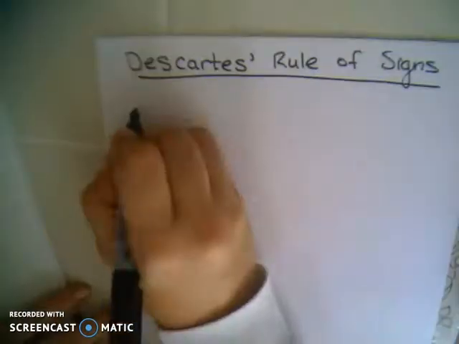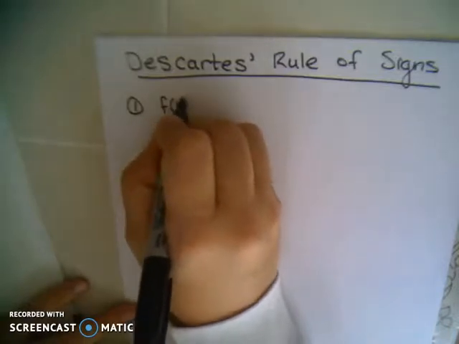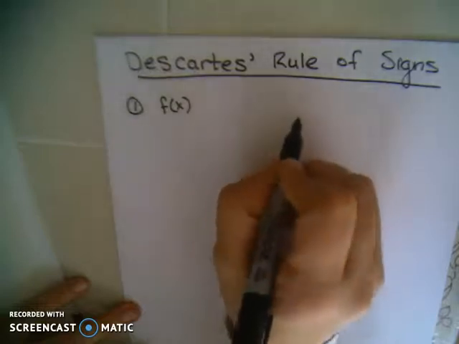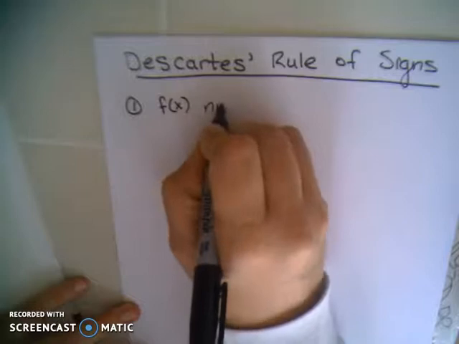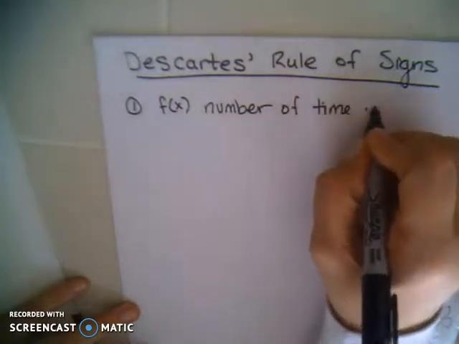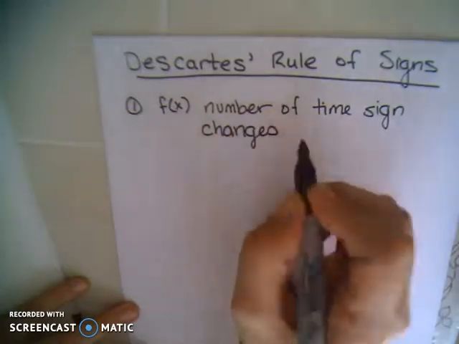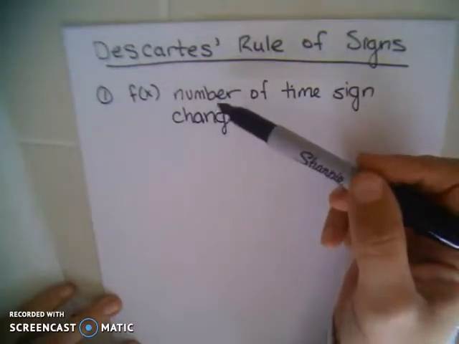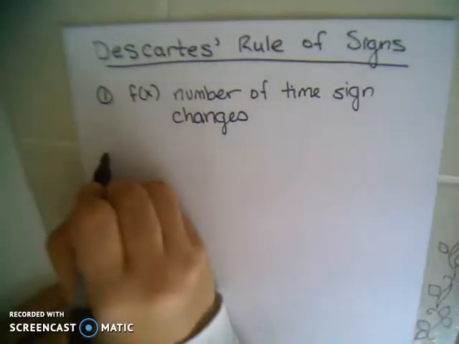So Descartes' Rule of Signs says, first of all, look at your polynomial f of x and count the number of times that the sign changes between positive and negative. Your list of zeros is going to have that many or a multiple of 2 less positive zeros.